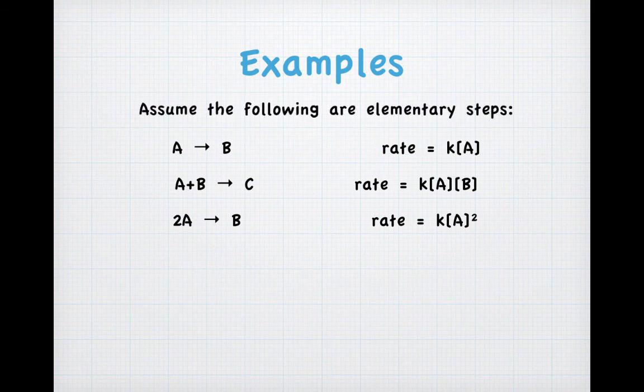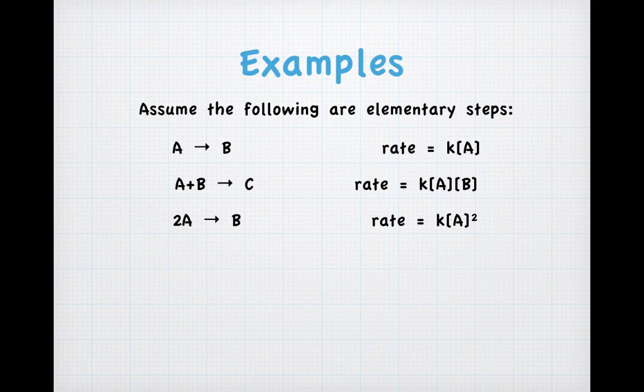So we're going to assume that these following reactions are just elementary steps within a mechanism. This is not one mechanism, these are just individual steps from different mechanisms. So for that first one, where we have A going to B, we would write the rate law for that step as rate equals k times concentration of A. For A plus B going to C, we would write rate equals k times concentration of A times concentration of B. Again, because A and B are reactants, they have no exponents because the coefficients for A and B are 1.